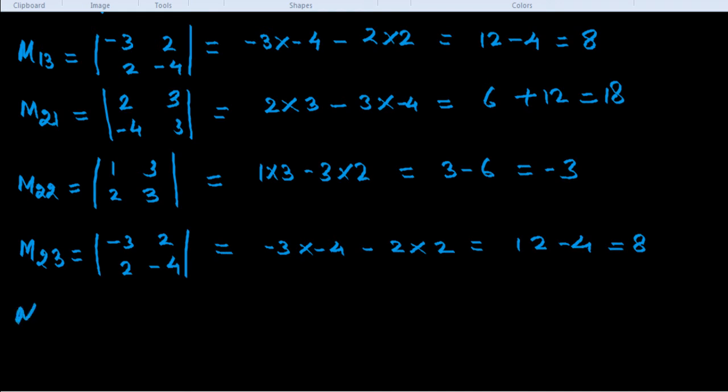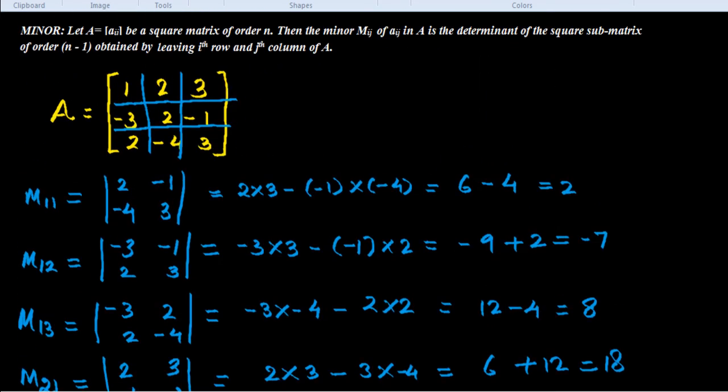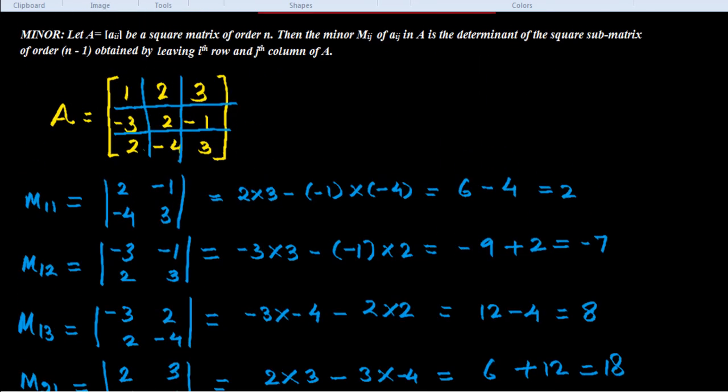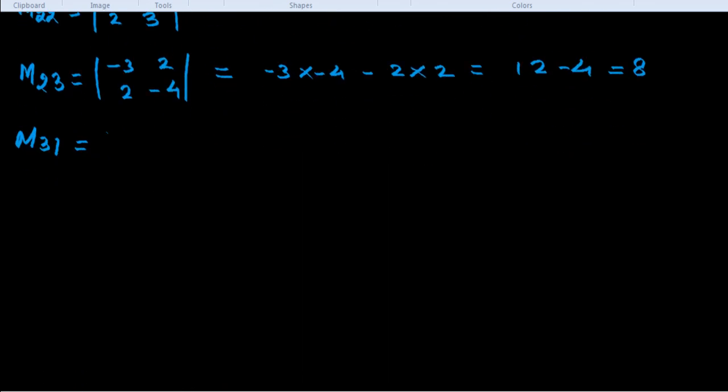Now M31, minor 31 we have to find out. a31 is the element 2. So we leave this column and this row. We get 2 3, 2 minus 1.